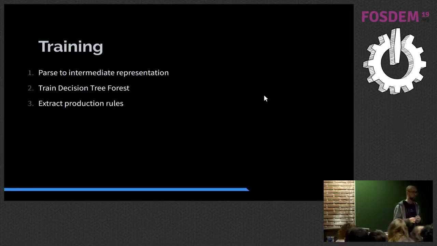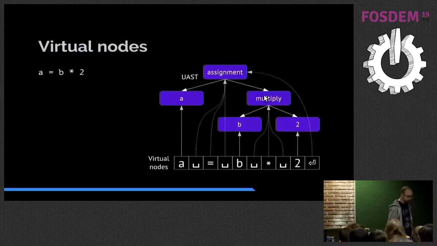And the rules predict at each spot between each pair of tokens whether anything should be inserted or changed and so on. Our representation is very similar to the one Miltos used in his talk just before me. We also parse to a sequential token stream, and it's also augmented with AST changes.